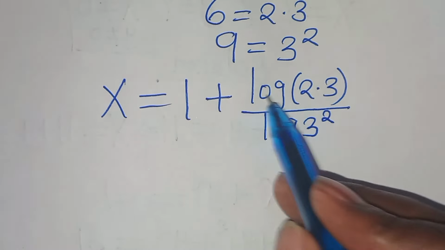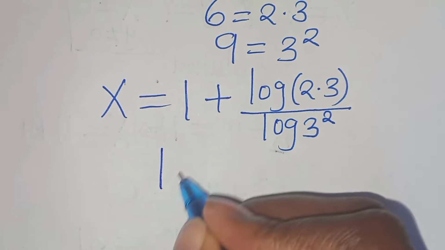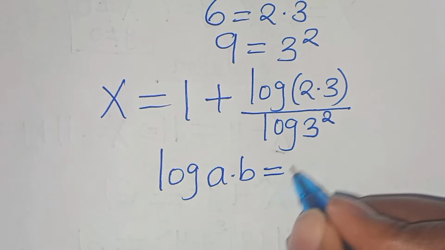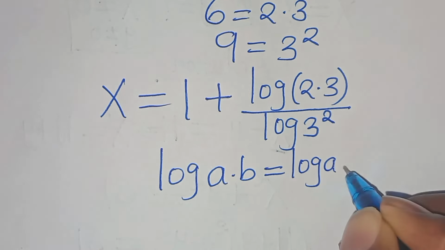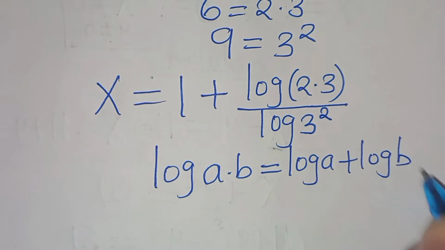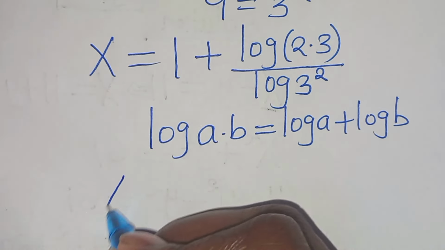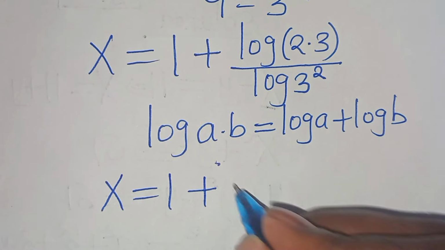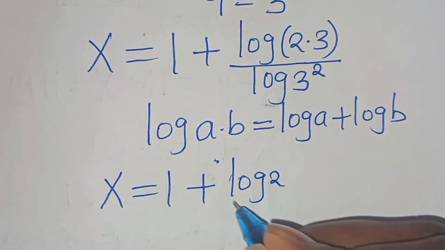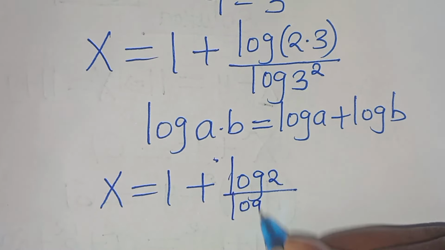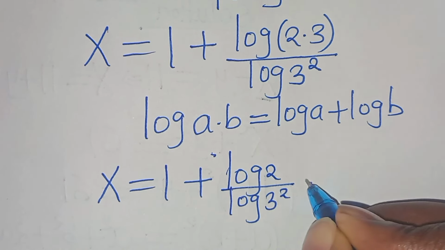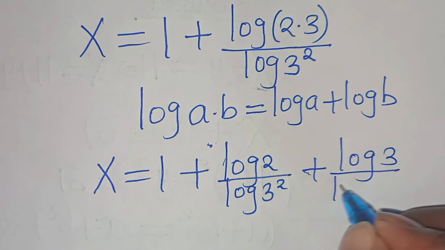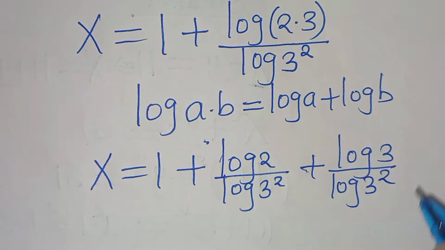Now you find that log 2 times 3 is in the form of log a times b, and this can be expressed as log a plus log b. And this implies that x is equal to 1 plus log 2 divided by log 3 to the power of 2, plus log 3 divided by log 3 to the power of 2.